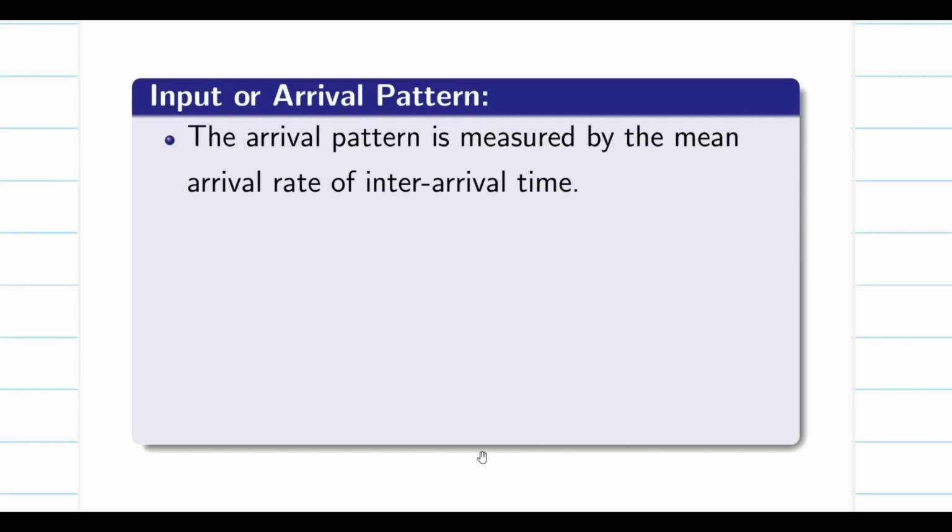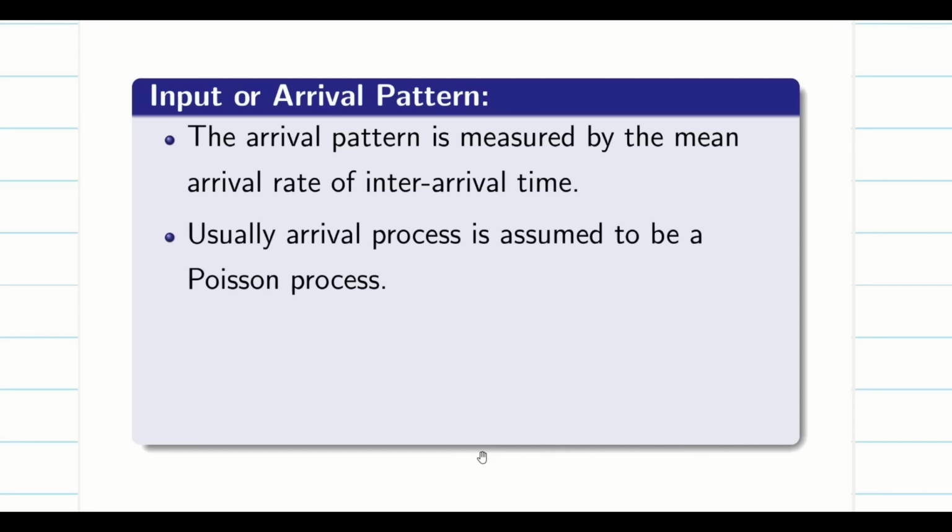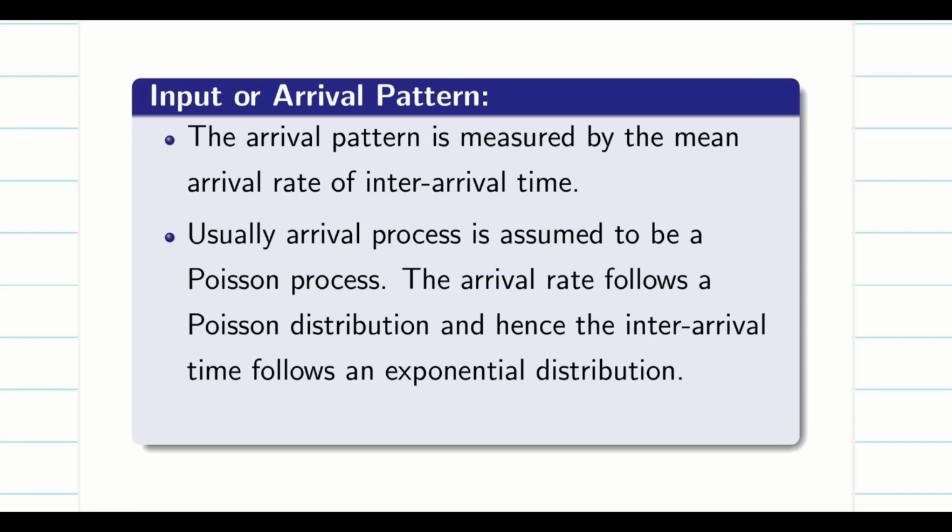Now let us see what the input or arrival pattern is. It is measured by the mean arrival rate or the inter-arrival time. Throughout this process, we are going to take the arrival process to be Poisson, and the inter-arrival time is going to follow an exponential distribution.